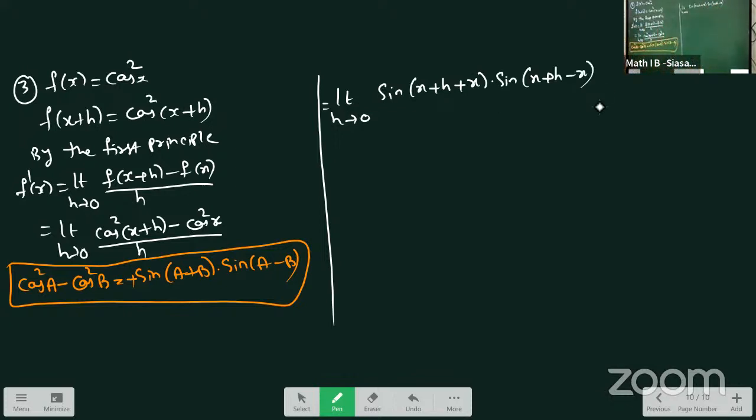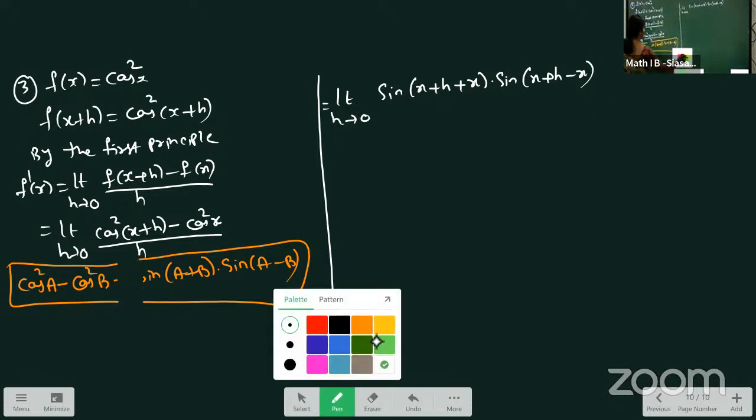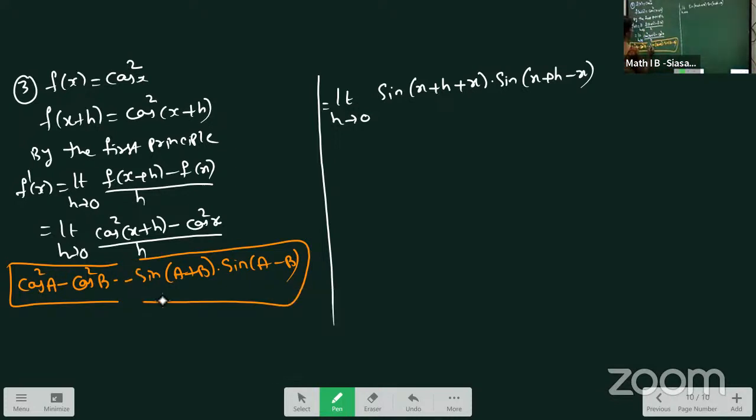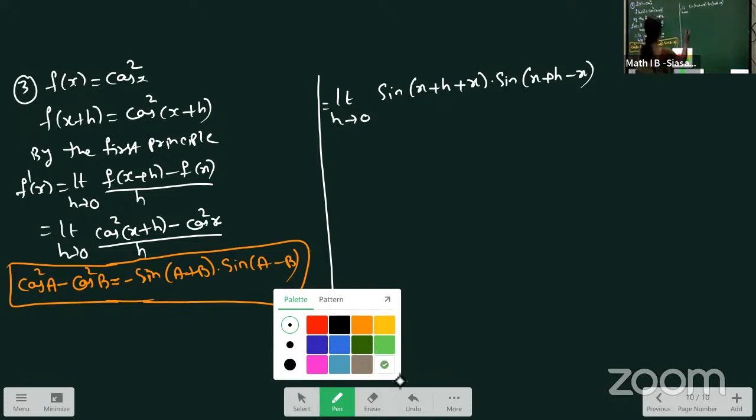Both positive, so here definitely you have to take the minus sign. So better remember cos square A minus cos square B is equals to minus sin A plus B into sin A minus B, by h as it is.